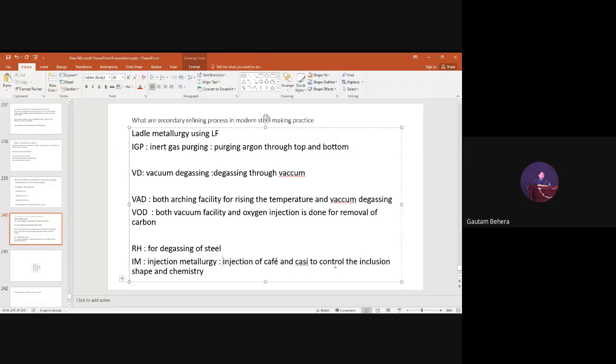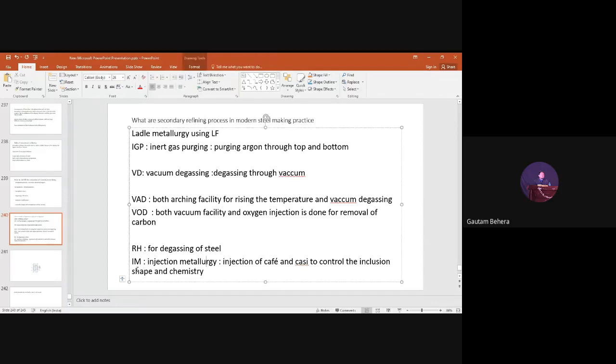If we add calcium, it will form a coating and this calcium will remain in the molten state, so it can be removed easily. This calcium will form a coating and it will float to the surface. So we can remove the Al2O3 inclusions easily by forming a coating of calcium around the Al2O3 particles.